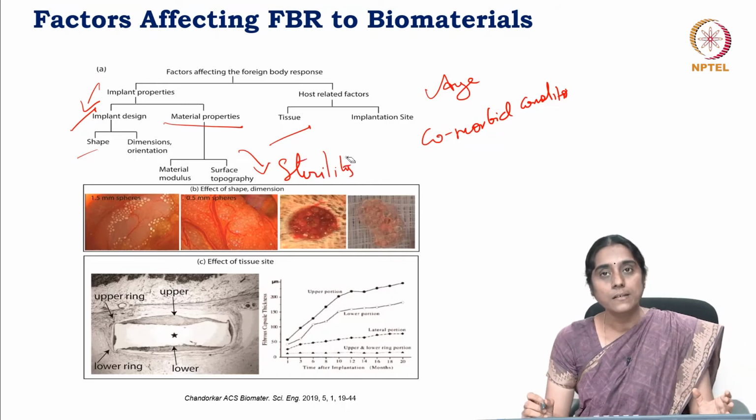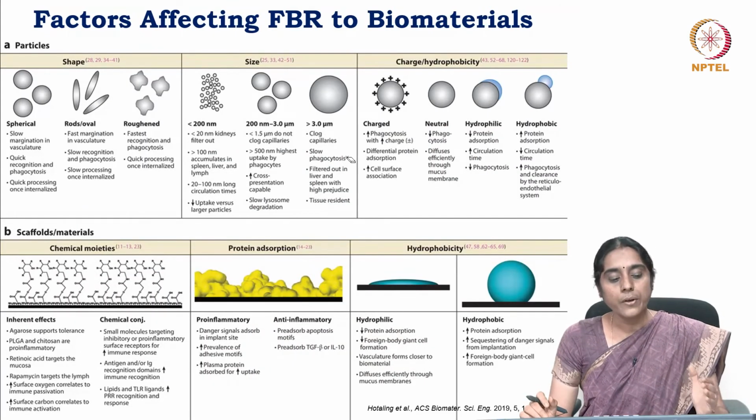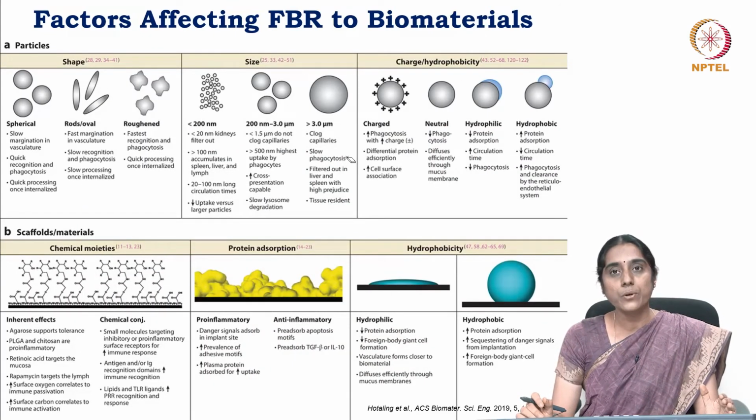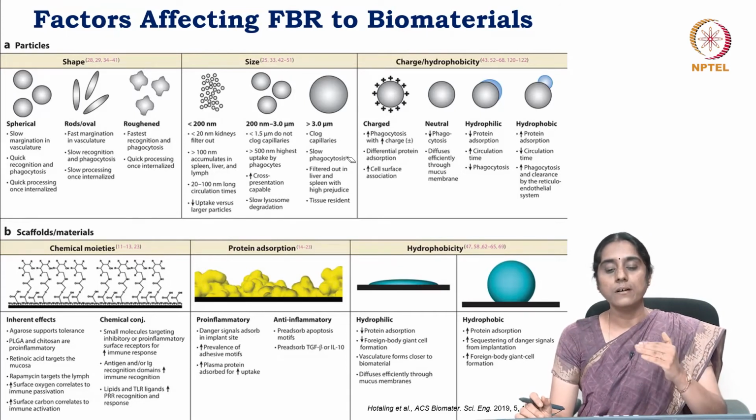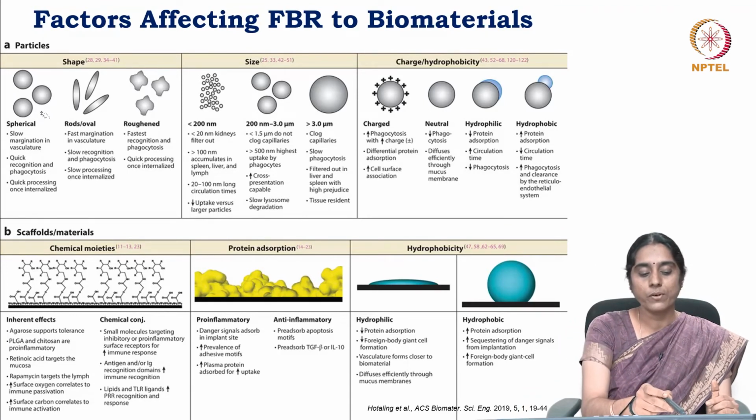In the material, in detail, you can see how the physiochemical properties of the biomaterial influence the foreign body reaction. So here you can see the shape. If it is spherical, there is slow margination in vasculature and it is quickly internalized.